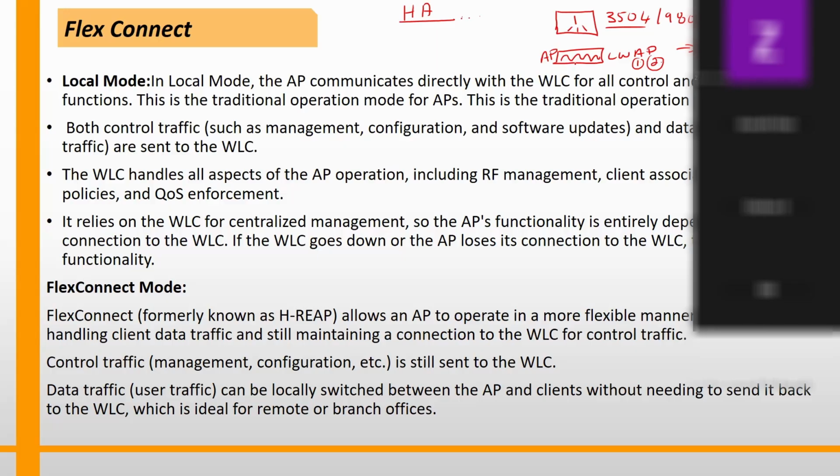Also, in the previous session I gave an overview of on-channel scanning and off-channel scanning. Whether on the channel or off the channel, it will detect rogue devices. That is the network or Wi-Fi management it will do.